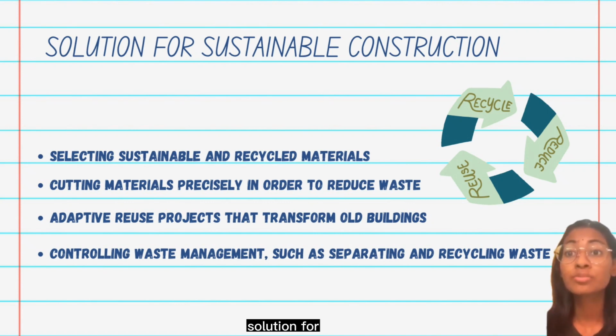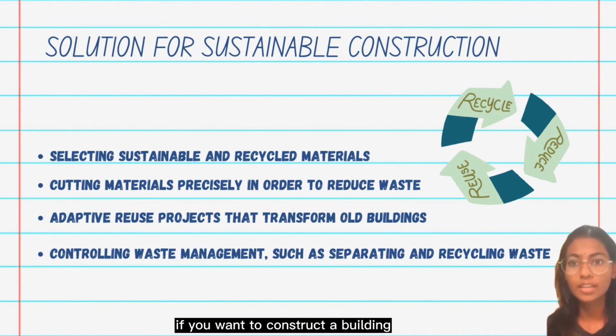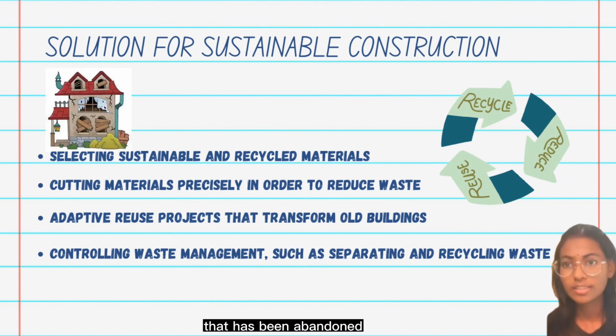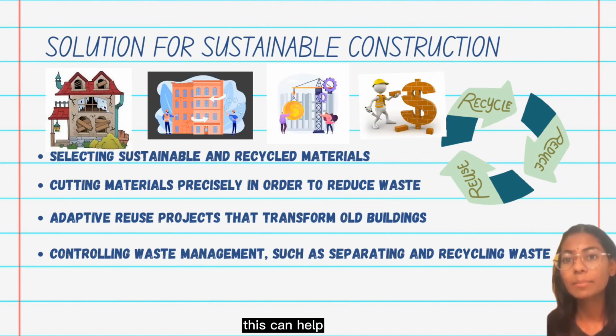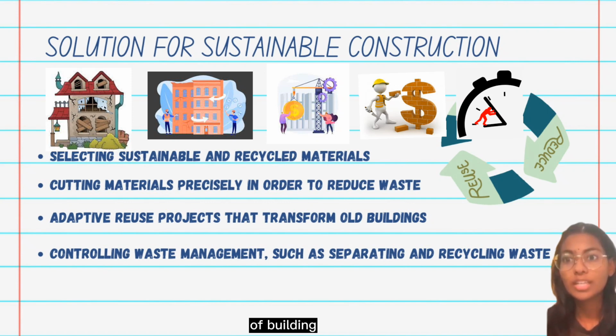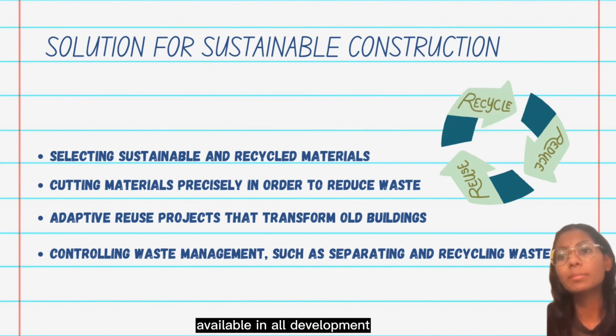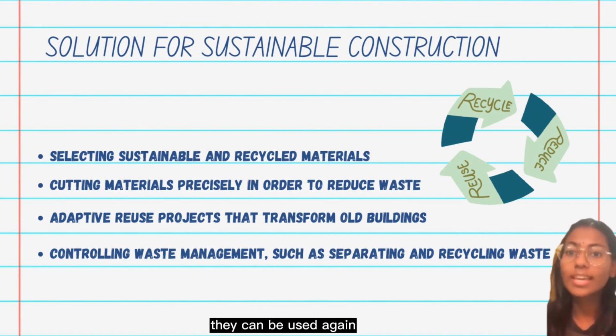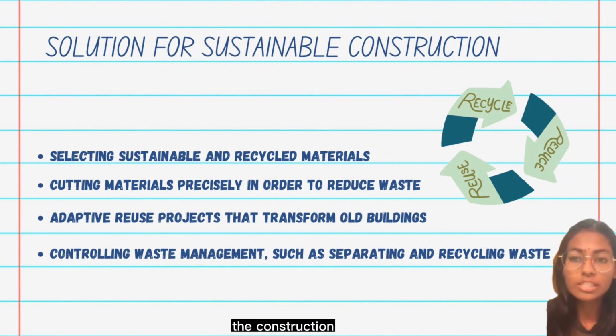There are many solutions for sustainable construction, and for my point, I'll elaborate on adaptive reuse projects that transform old buildings. If we want to construct a building, we can use an older structure that has been abandoned. This can help reduce the cost of building, construction expenses, and also time. If there are items available in the old development that are still good and strong, they can be used again to continue the construction of the building.